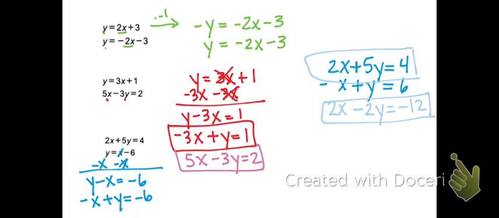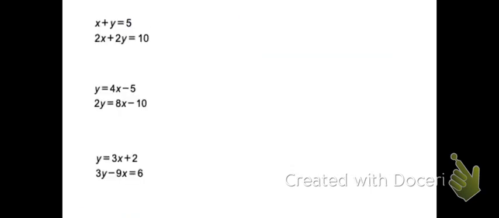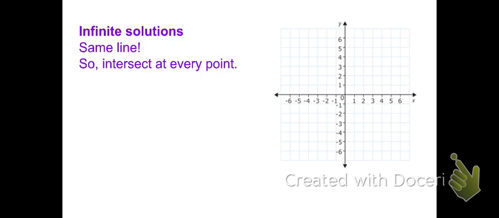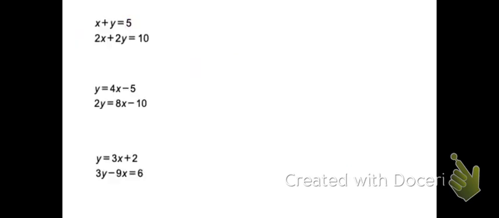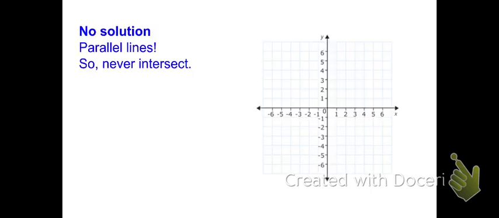So again, for an infinite number of solutions, everything should be the same. You might need to multiply one equation by some number to realize that they're both the same exact equation. With parallel lines, the x's and the y's are the same, and they just equal some different number.